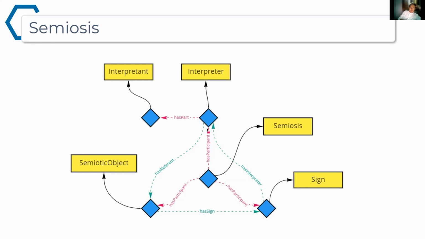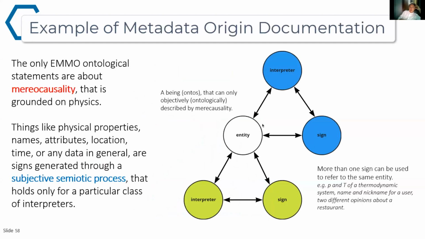So in this way, we can connect an object to a particular property, for example a material to thermal conductivity, and we can document the way in which this has been provided and the authority and the agent that is behind this assignment.